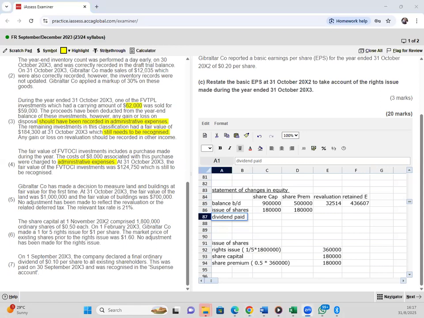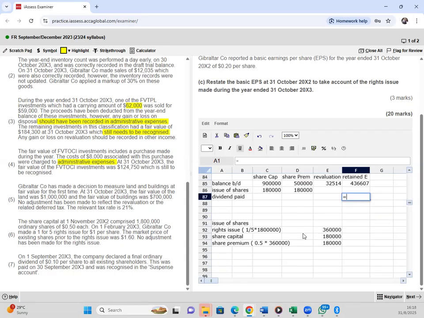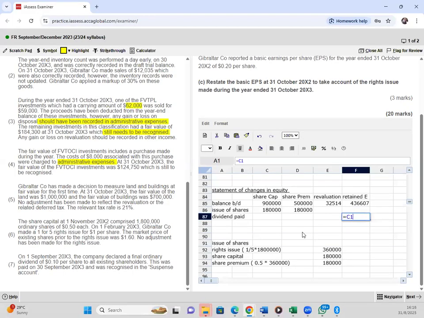So let's move to the dividend paid. We remove it from the retained earnings. How much is it? All existing shareholders are getting the dividend, so it's 10 cents per share, not the value of the shares.